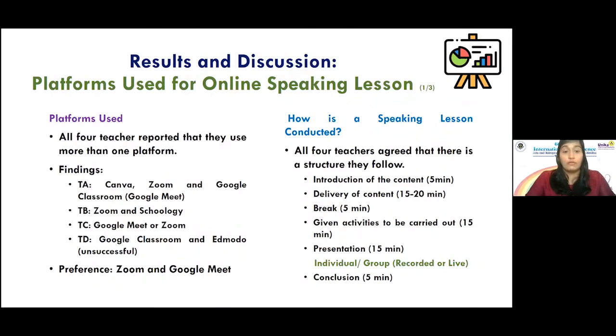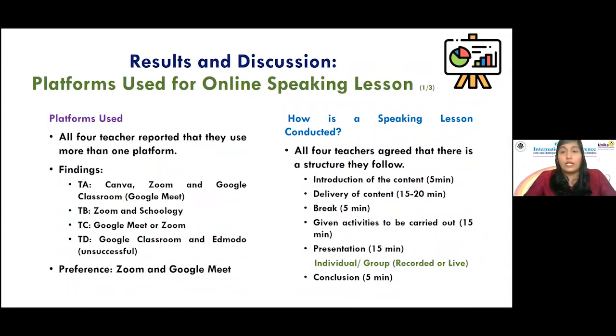Teacher C, Google Meet and Zoom. Teacher D, Google Classroom and Edmodo. Teacher D also reported that she was not successful in using Edmodo because the children are too young. They don't know how to function the platform. But here we can also see that there is a preference for Zoom and Google Meet.